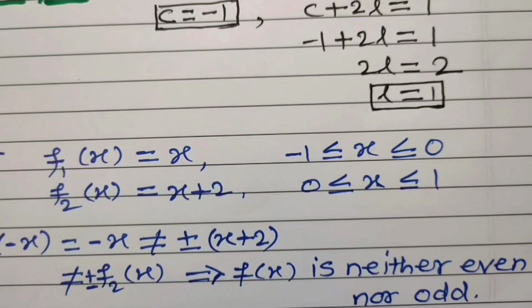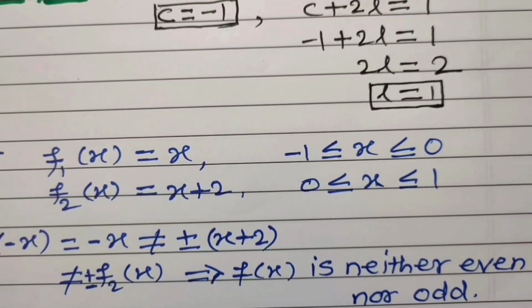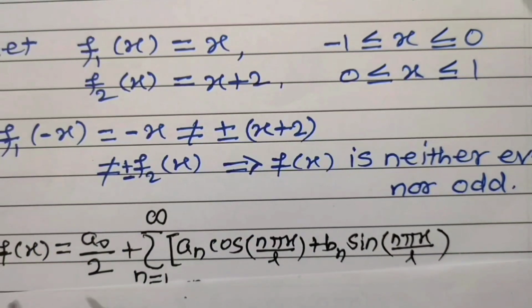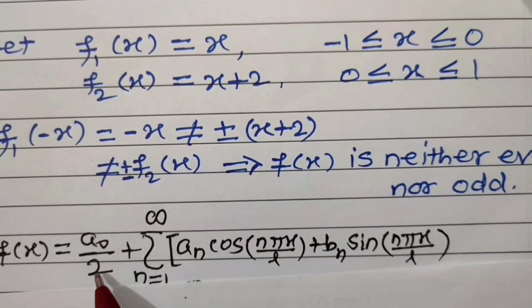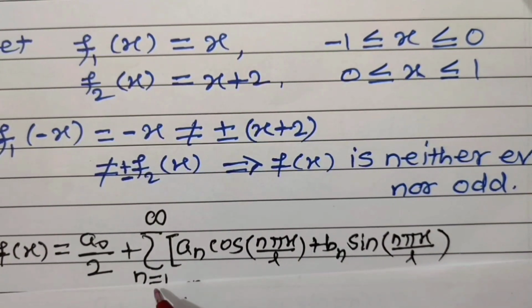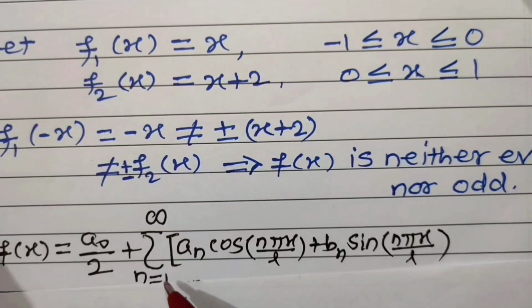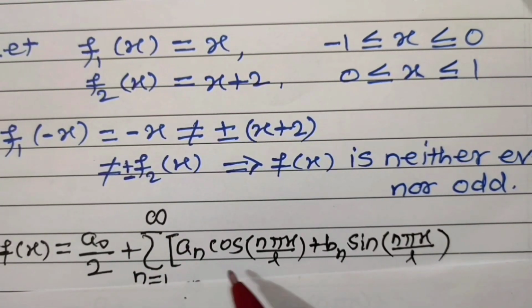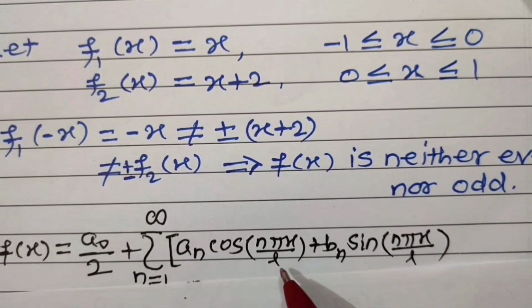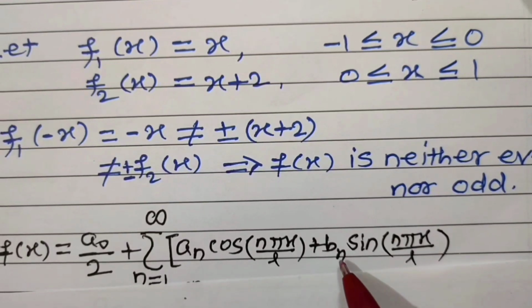Now write the formulae for the Fourier series expansion and for the Fourier coefficients. f of x is equal to a0 upon 2 plus summation of n equals 1 to infinity of bracket an into cosine of n pi x divided by l plus bn into sine of n pi x divided by l.